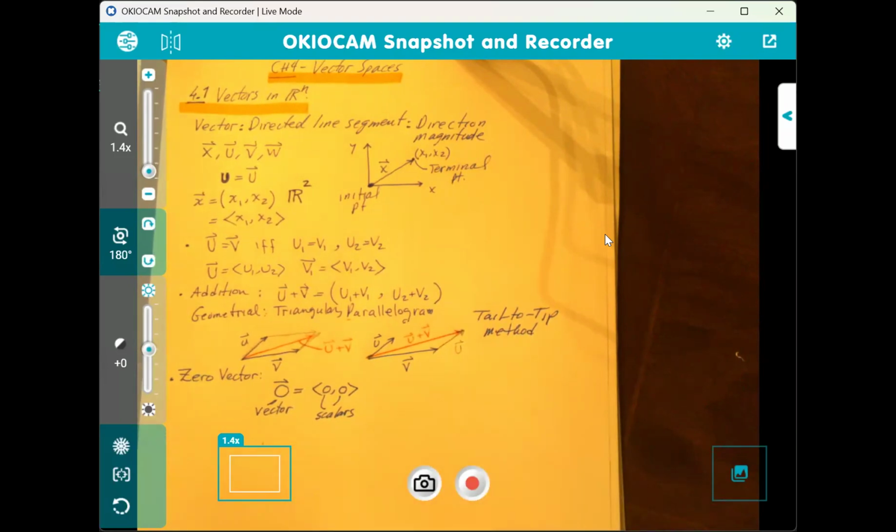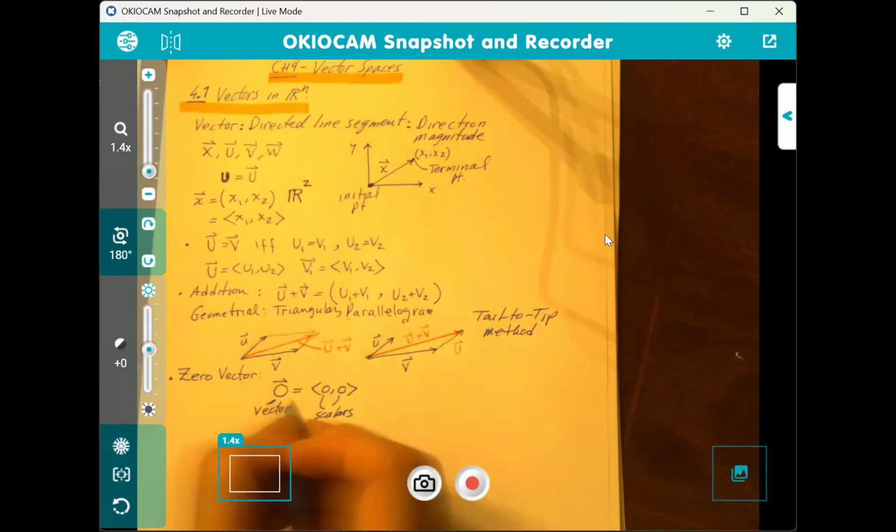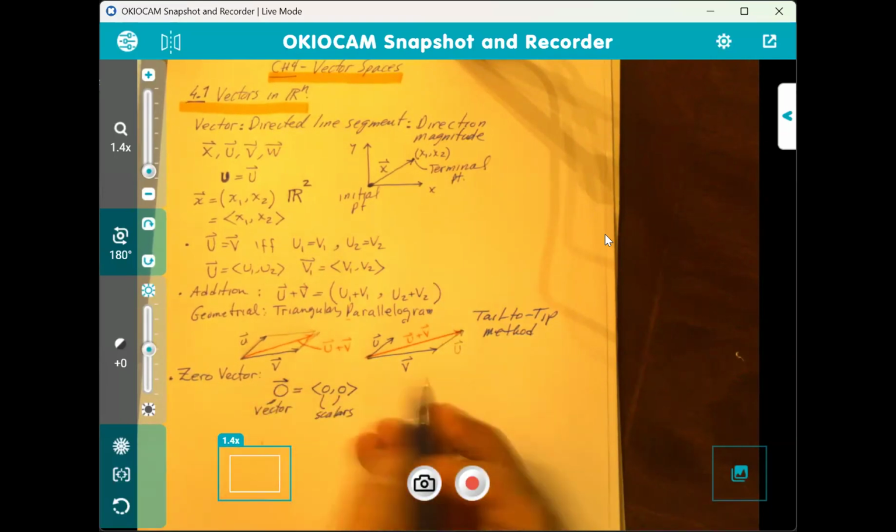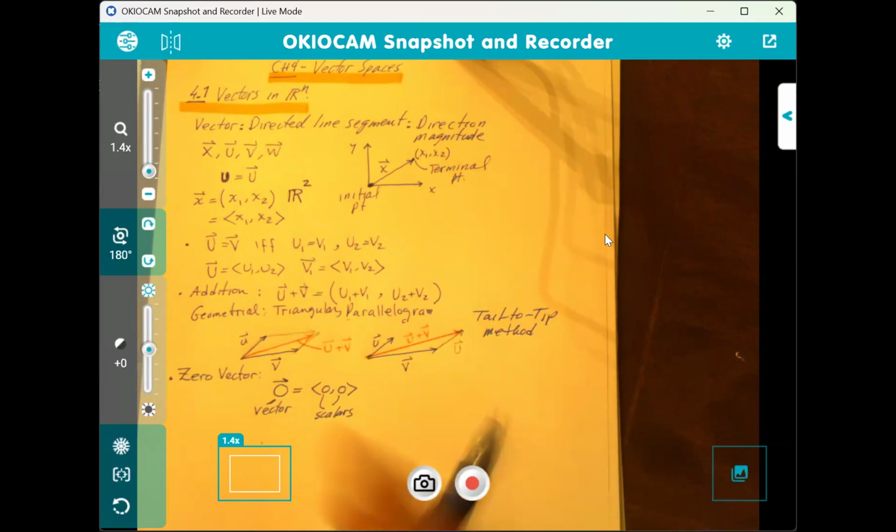Now, remember, every vector has a direction and a magnitude. So the magnitude of the zero vector is 0. What do you think its direction is? Just a wild guess.